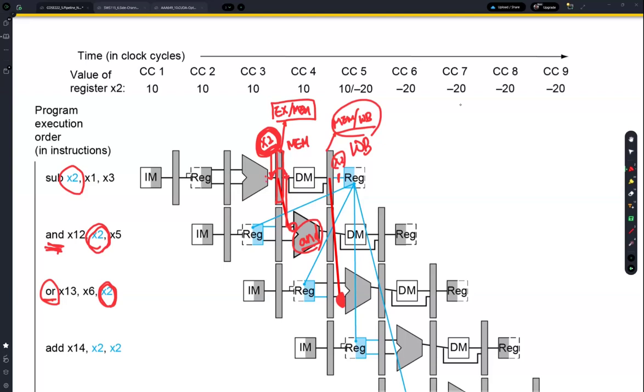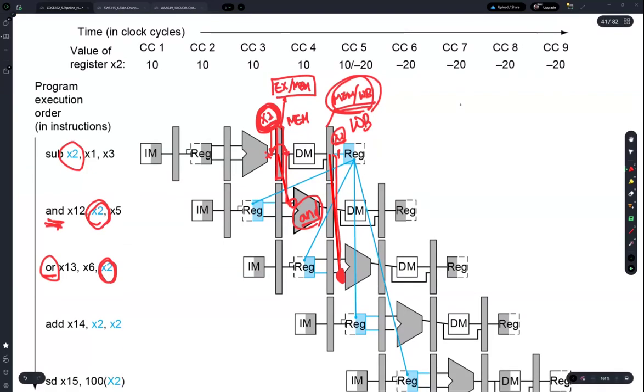Which means this result needs to be propagated to the write back stage. So the memory and write back pipeline register also has the X2. So this X2 can be forwarded, right?